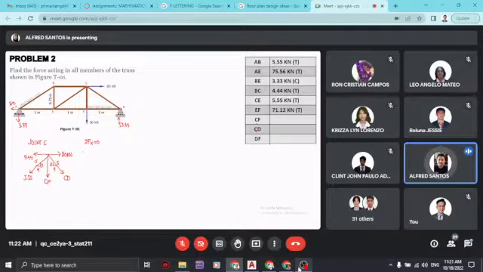Okay? So, CD tayo. So, positive CD going to the right, times 4 over 5, plus 80, which is a positive force going to the right, minus 4.44 to the left, and then minus 5.55 times 4 over 5. So what's your CD?